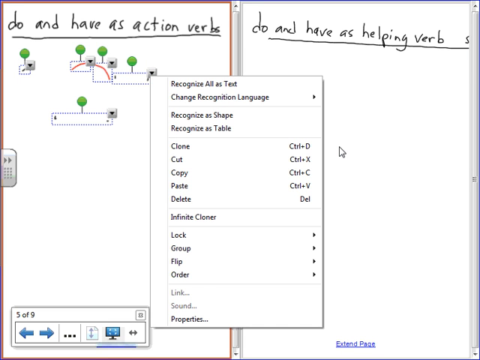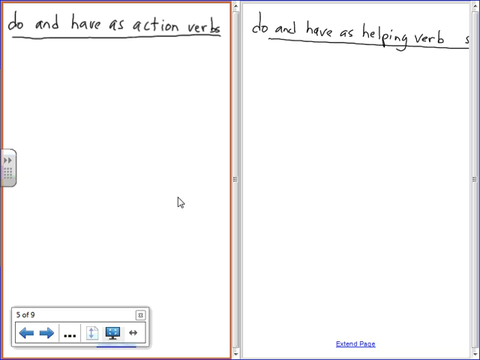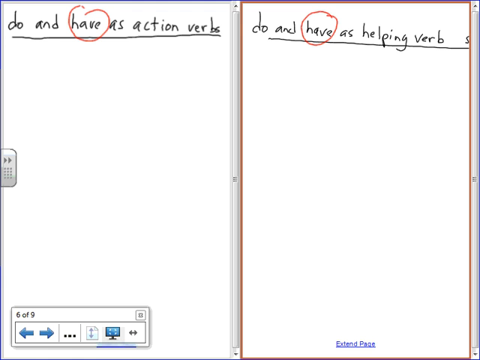And we'll focus now on have. Get rid of some of these silly little things I have up here. And we'll focus on have now. And I'll talk about myself again for a little minute.